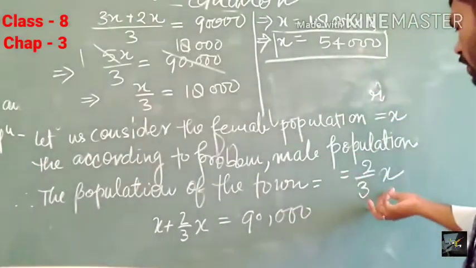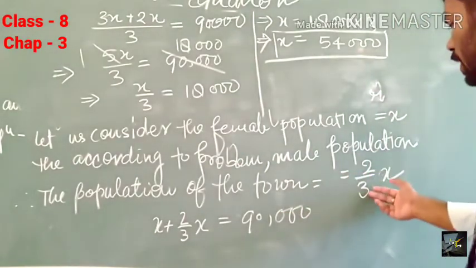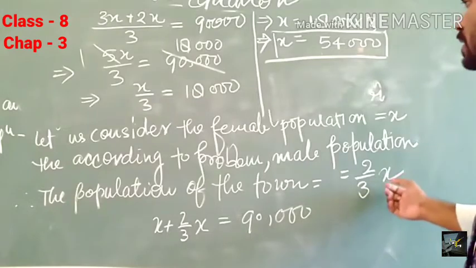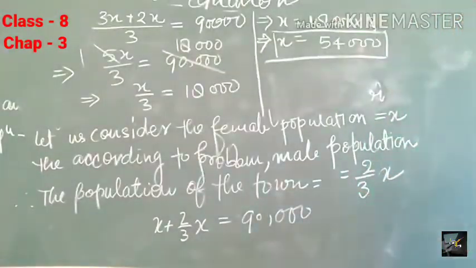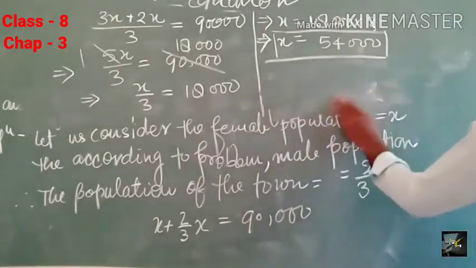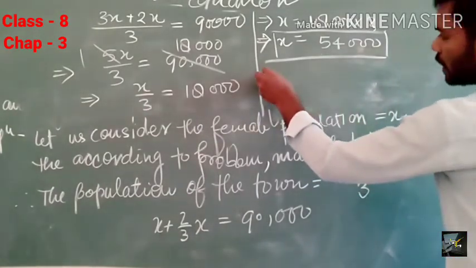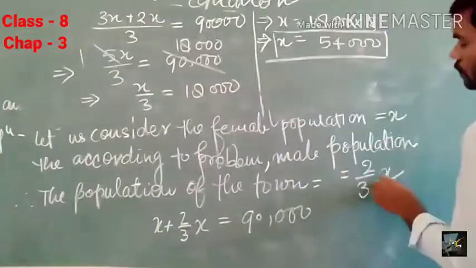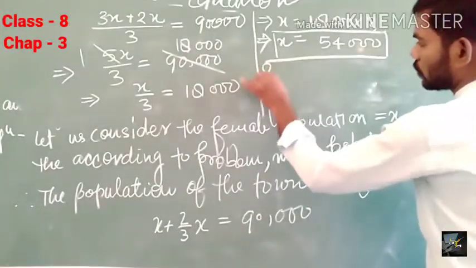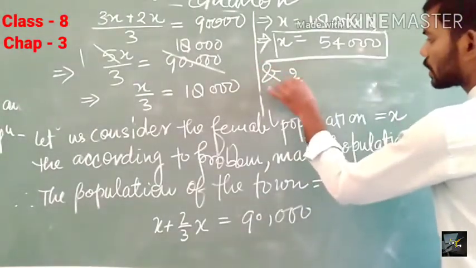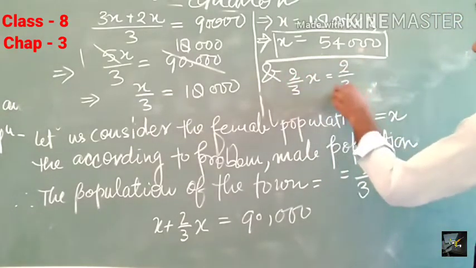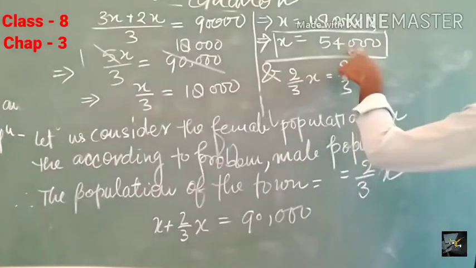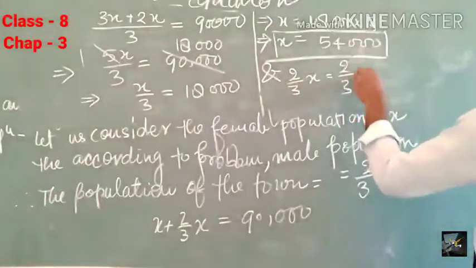Since here we consider the male population is 2/3 of x, that is 2/3 of the female population, again we have to find out the value of 2/3 of x. So 2/3 x will equal 2/3 times the value of x we have found here, 54,000.